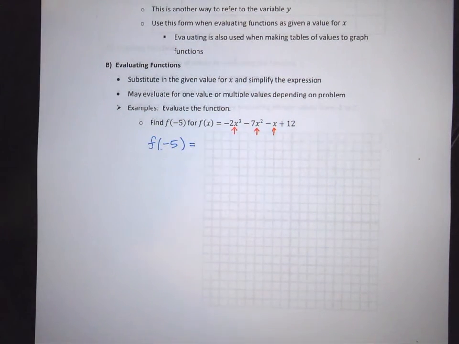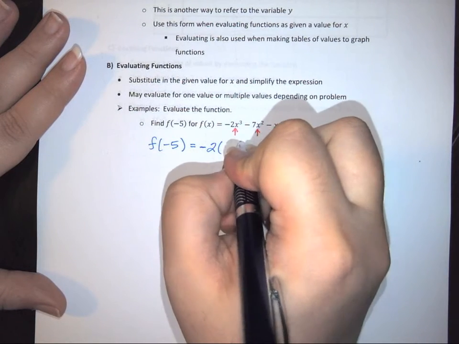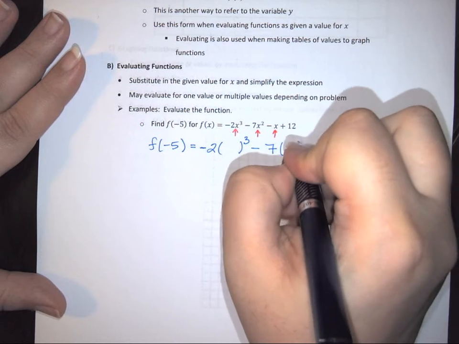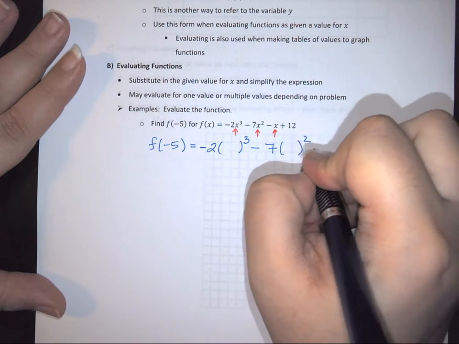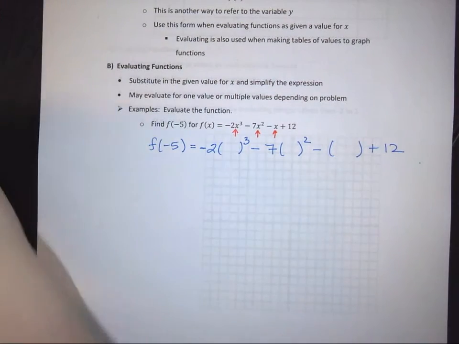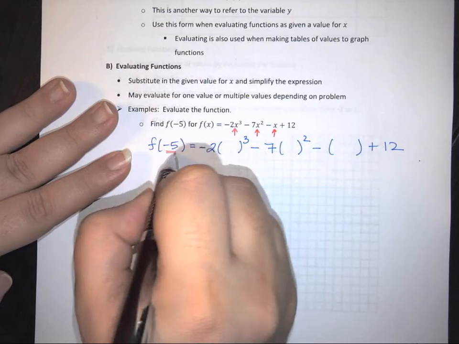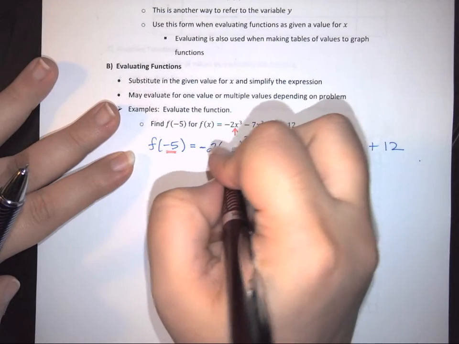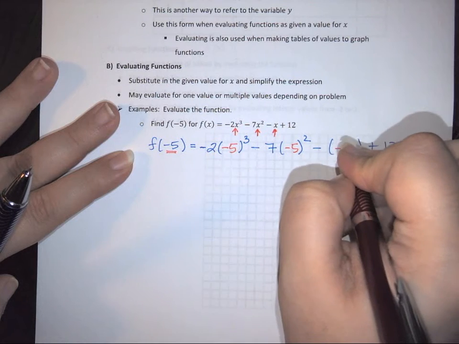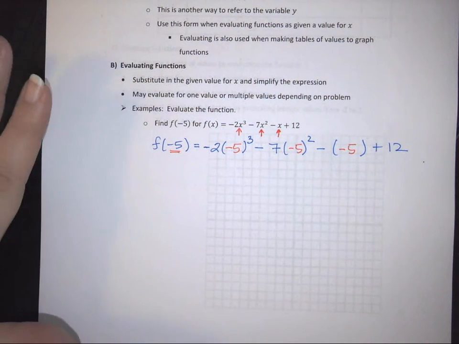So this becomes -2 times my something cubed minus 7 times my something squared minus my something plus 12. What is that something? Well, that something is -5. So anywhere you have your parentheses, we are inputting -5, and now we are just simply going to simplify.